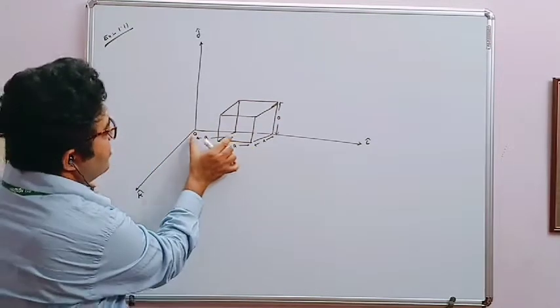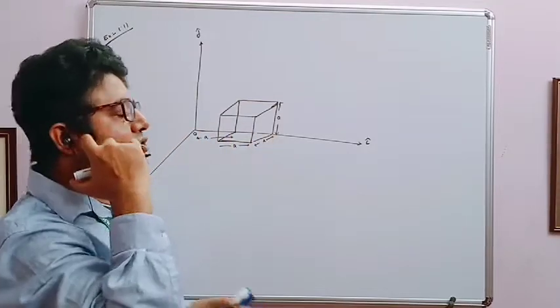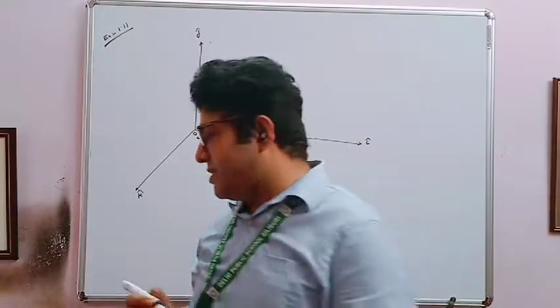So from here to here that distance is A, and it's a cube, so each edge is A.